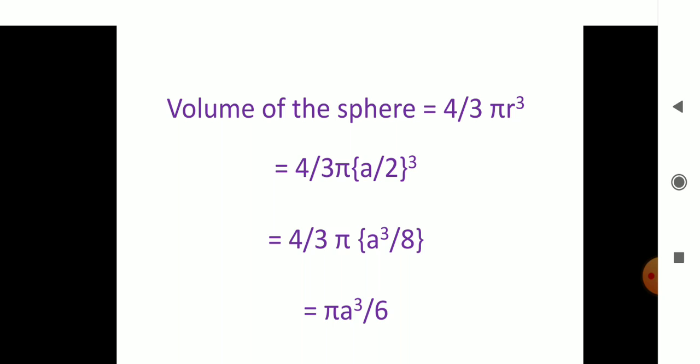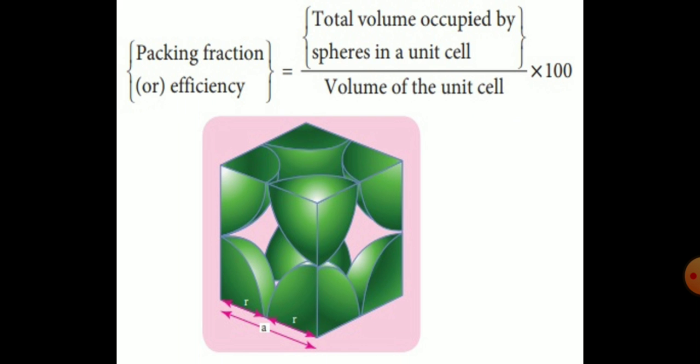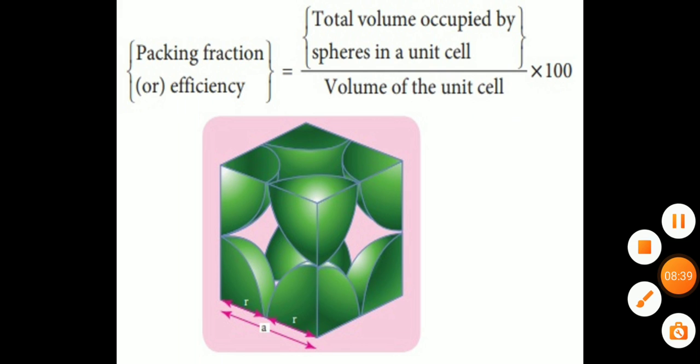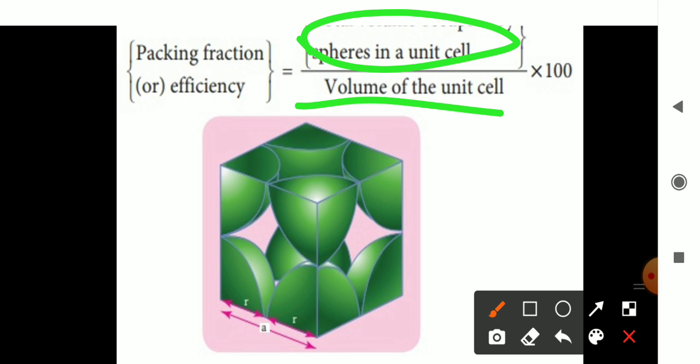Okay, students, now we have both the terms. Look here at the formula. Packing efficiency is equal to the total volume occupied by spheres in a unit cell, where you substitute pi A cube divided by 6, divided by the volume of the unit cell, which we calculated as A cube. So you can substitute both terms in the formula.